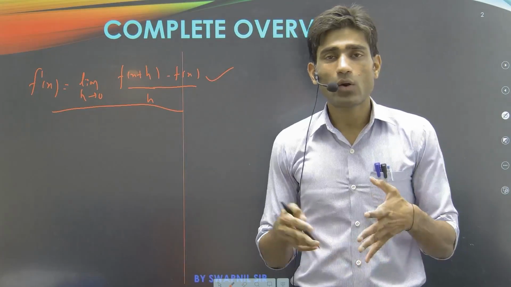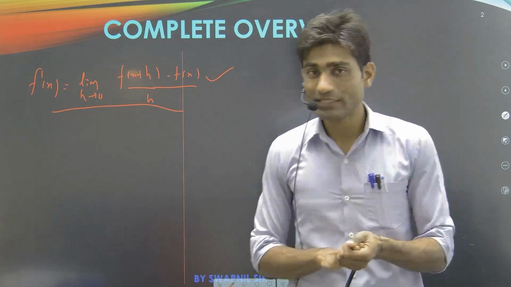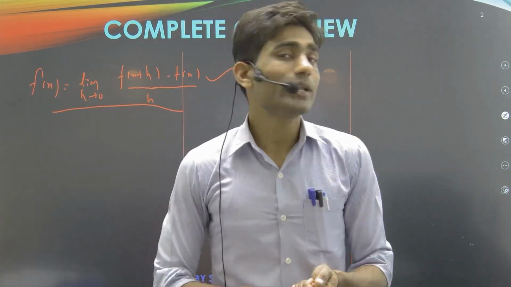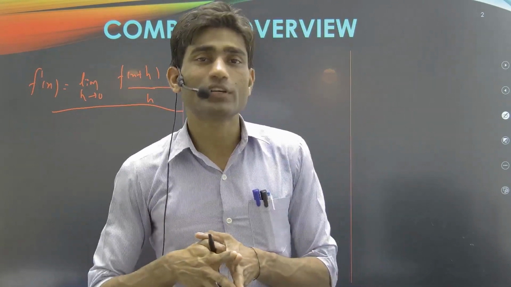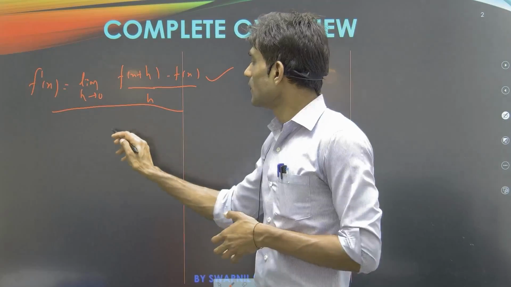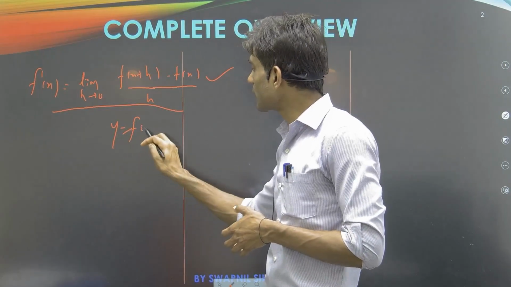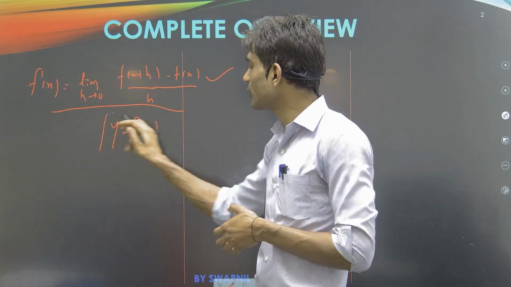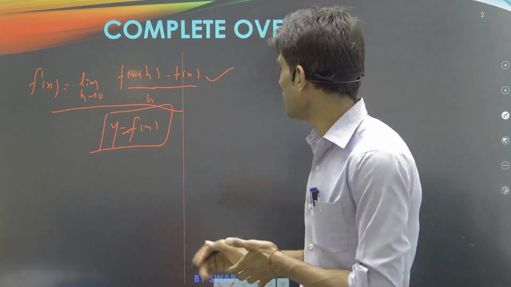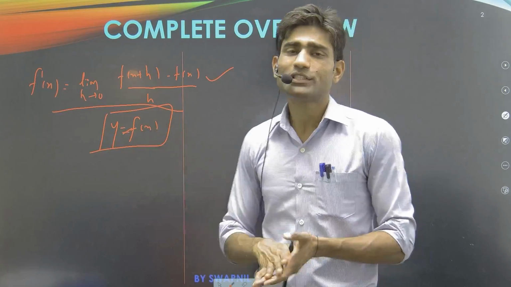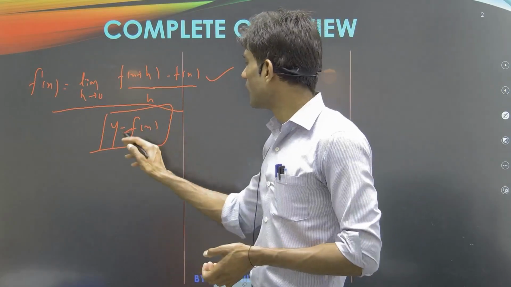After this first principle, we're going to understand the composite type of differentiation. How can we differentiate the function? Suppose y is equal to f of x as the function, and I want the differentiation of this function. What we do first is take the differentiation of the function with respect to x.